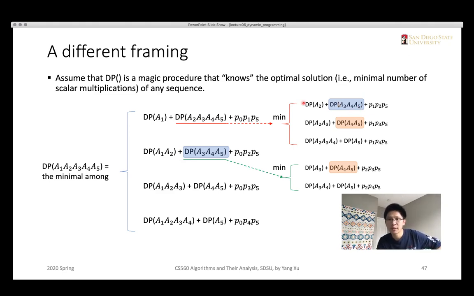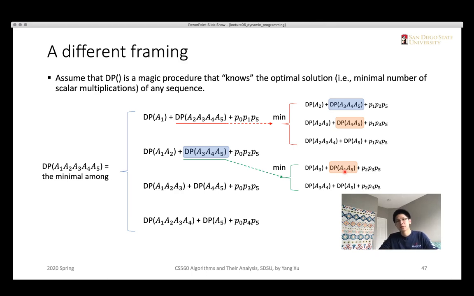But later on, when the red one is already solved, when we try to solve A3, A4, A5, we are solving it again, right? The blue part indicates that the same subproblems are solved twice. And again here, dp A4 to A5 is also solved, but here it's solved again. See, so there are overlaps of the subproblems.